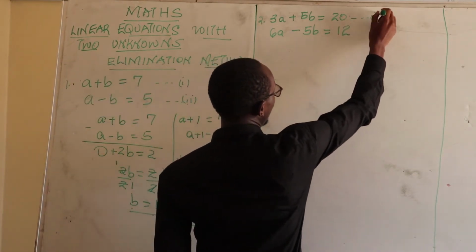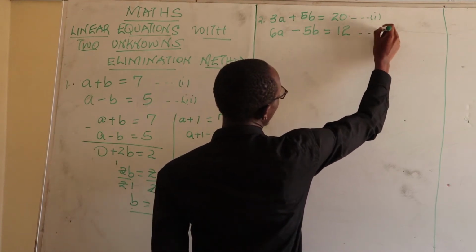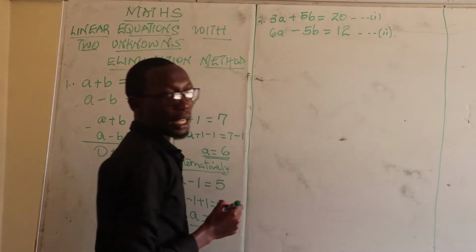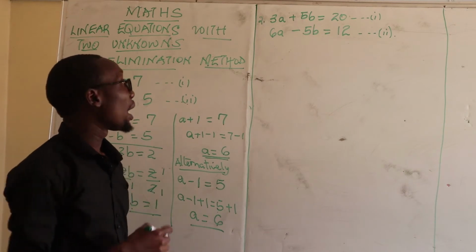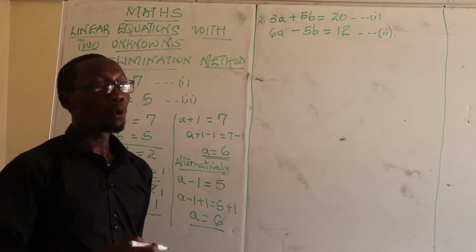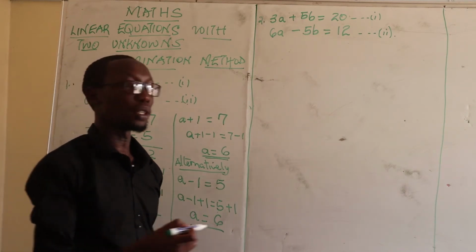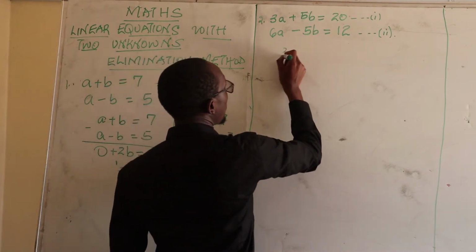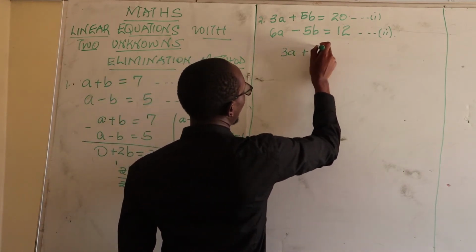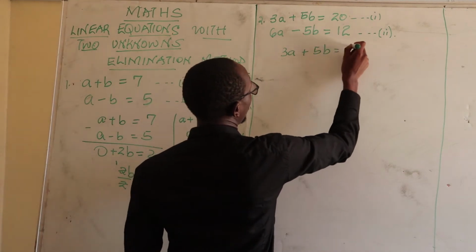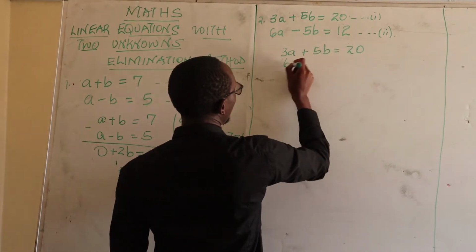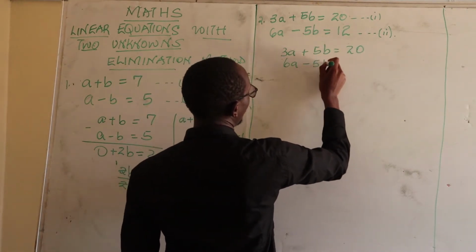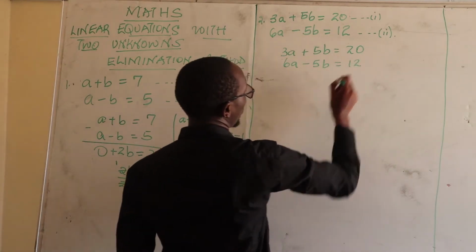So I rearrange them again in a vertical order: 3A plus 5B is equal to 20, and 6A minus 5B is equal to 12.